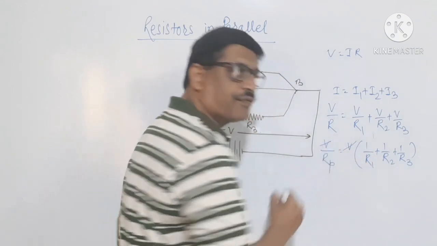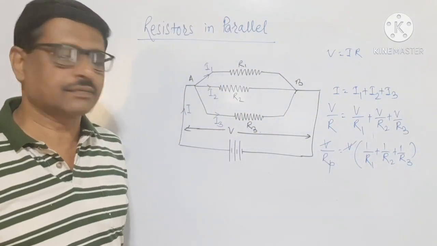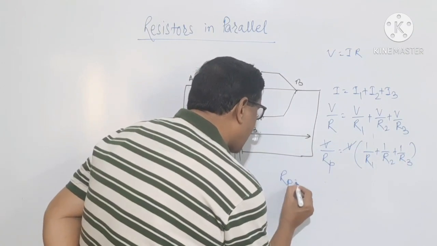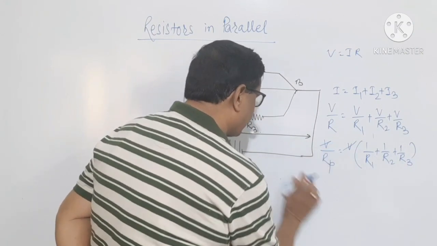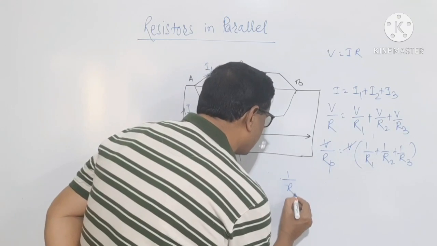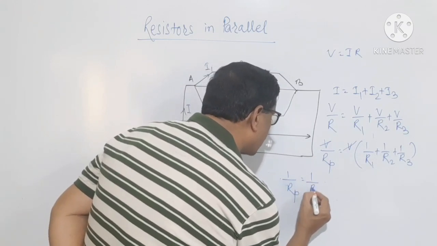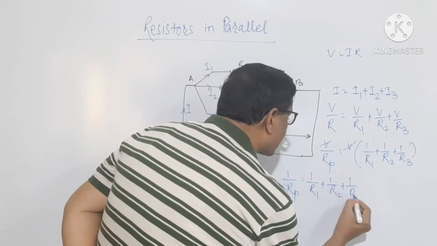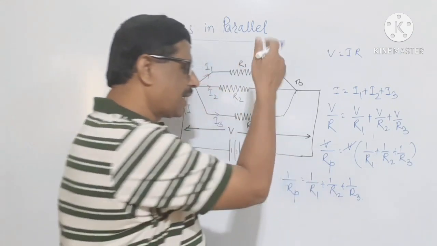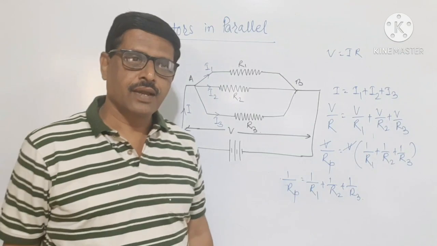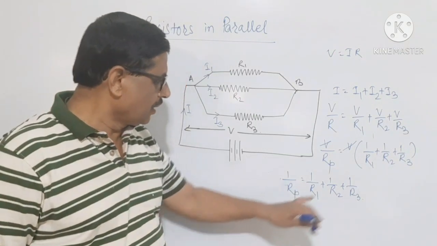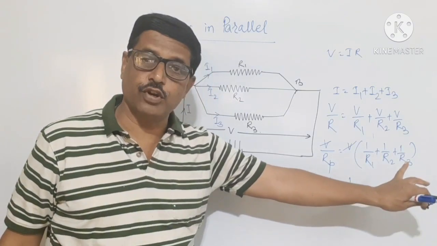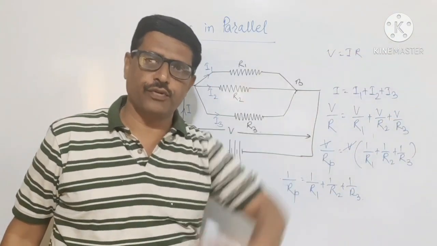This V gets cancelled from both sides of the equation, and therefore at last we will get 1 upon RP is equal to 1 upon R1 plus 1 upon R2 plus 1 upon R3. If there are n resistors connected in parallel, then it will continue plus 1 upon R4 plus 1 upon R5 plus 1 upon Rn, and so on.